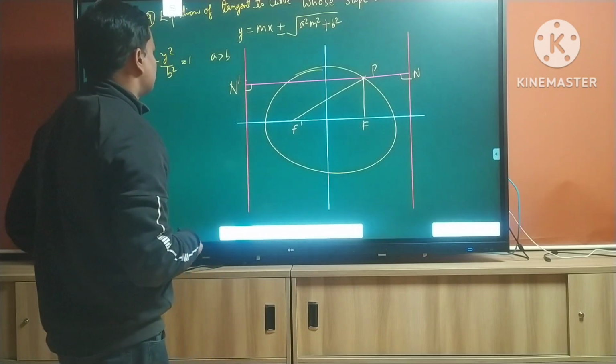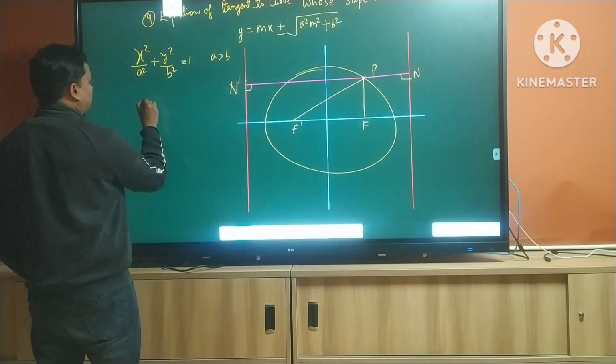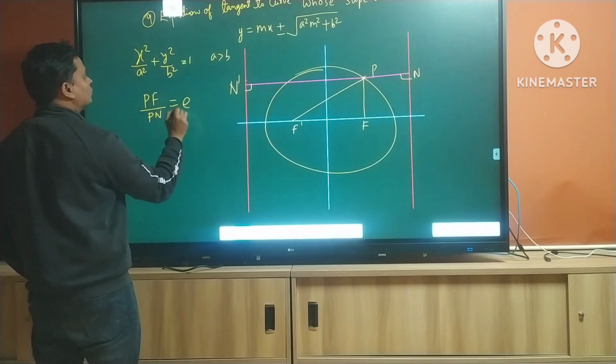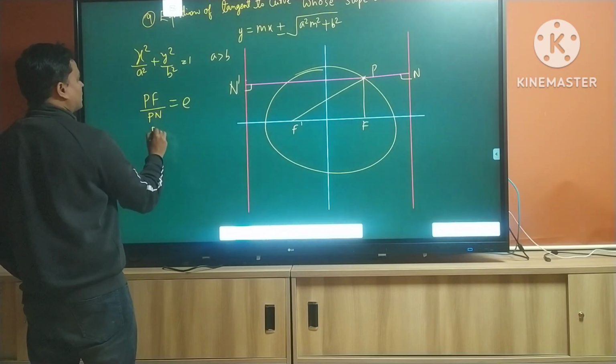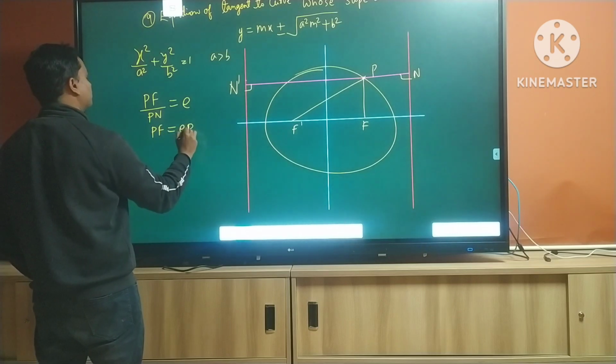Now, by the definition of the ellipse, we know that PF upon PN is equal to e. Yesterday I taught you the definition. So from here I can write PF is equal to e times PN.